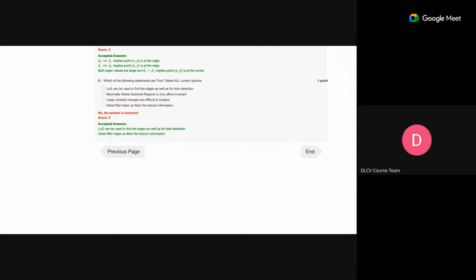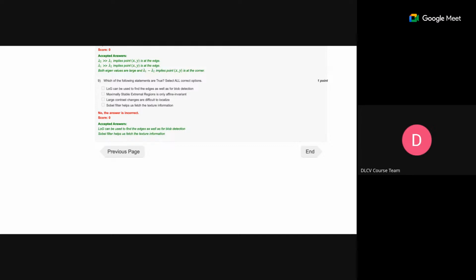Yes. So, the other thing is that large contrast changes are difficult to localize, because large contrast basically means the change in the intensity from one pixel to another pixel is high. So, localize means... you have this contrast, which is the pixel intensity change.